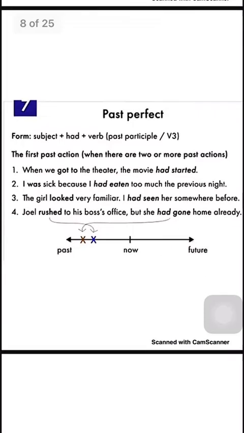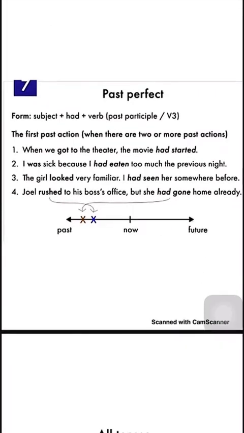Let's see some more examples here. The girl looked very familiar. I had seen her somewhere before. Again, two actions are here. Joel rushed to his boss' office, but she had gone home already. Again, two actions are here.